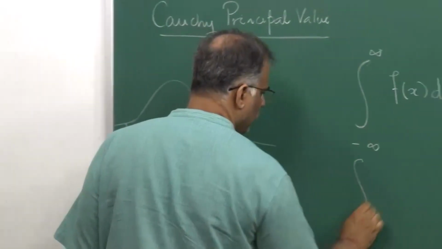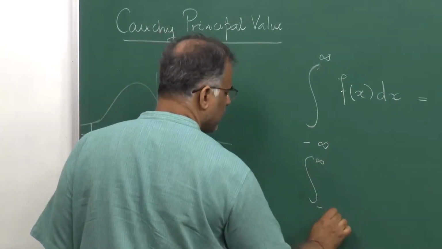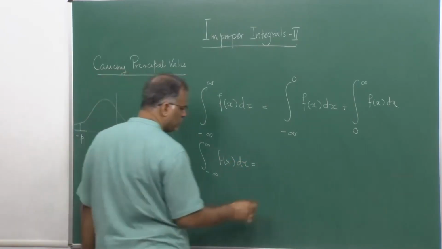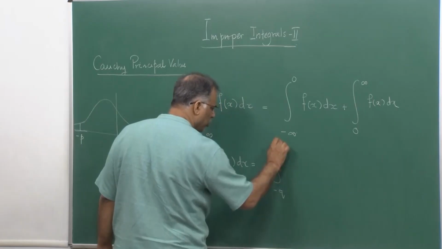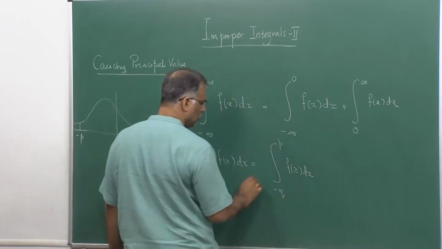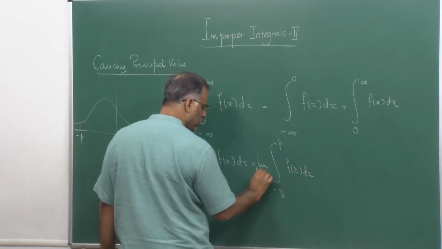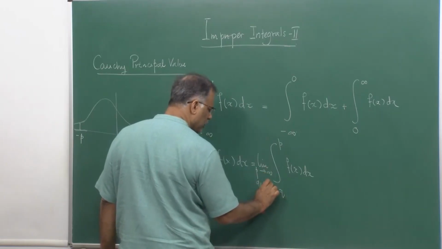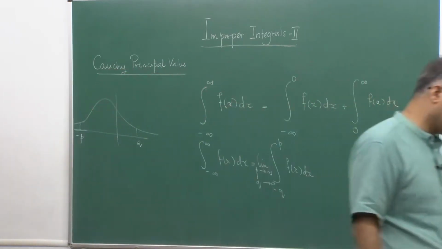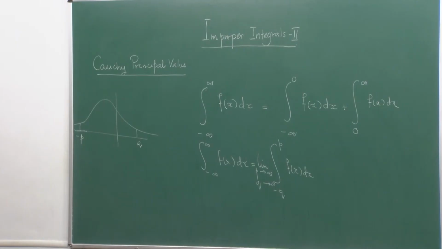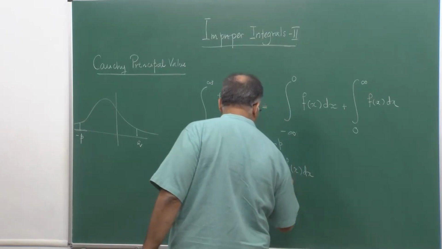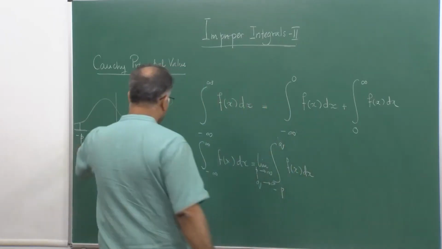So basically you have to write the integral of f(x) dx from minus q to p, where the limit p goes to infinity and q also goes to infinity. So here you are taking the limit of the two ends, right. Sorry, here minus p to q.